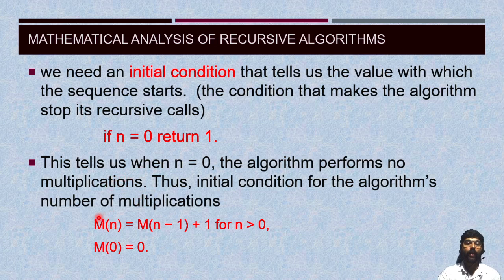So we can identify the number of multiplications using the formula m of n equals m of n minus 1 plus 1, when n is greater than 0. If n is 0, it is 0 because there is no multiplication.